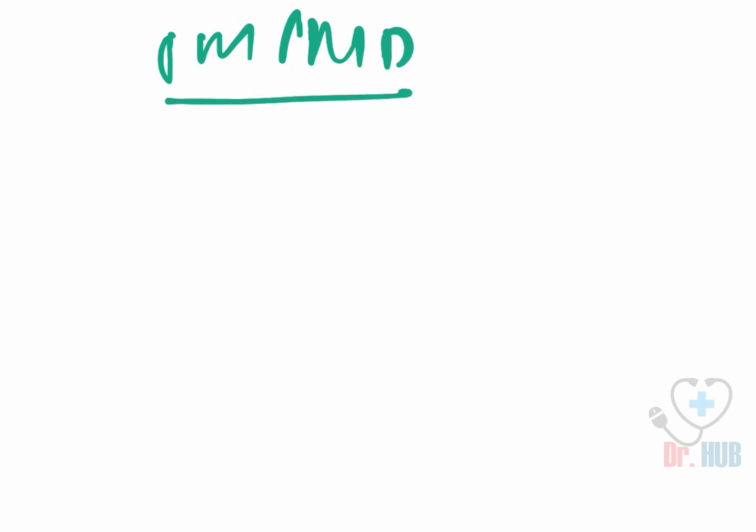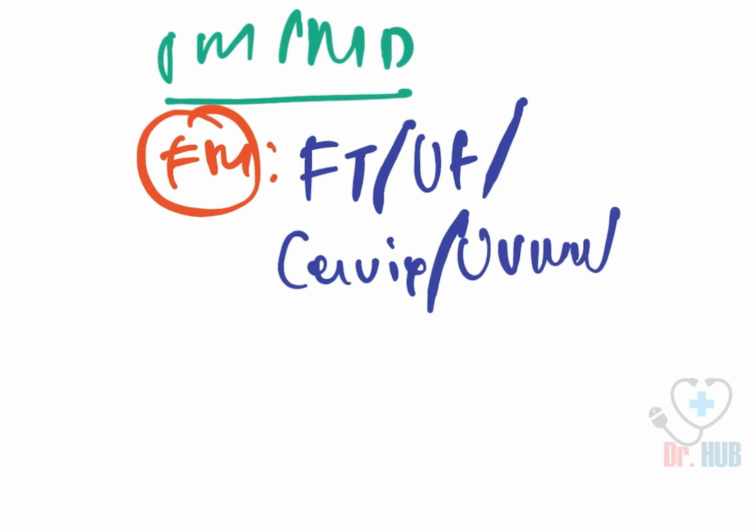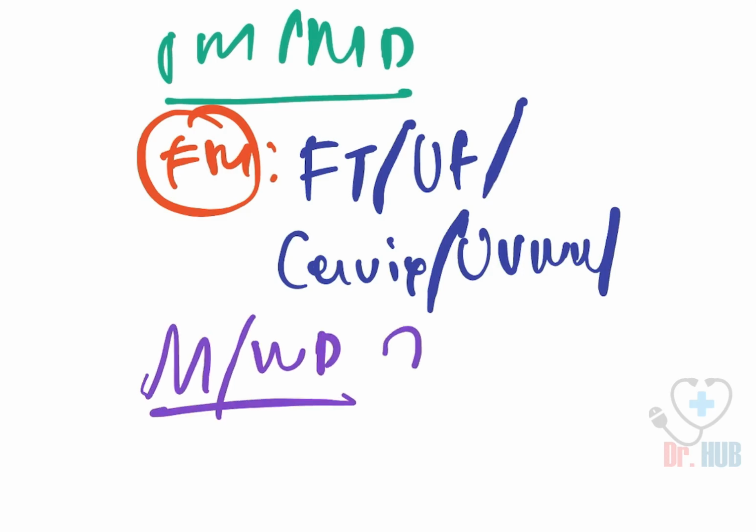Next question was in case of the paramesonephric Müllerian duct, what are the derivatives in case of the females? So in females, it involves the fallopian tube, the uterus, the cervix, as well as the upper vaginal wall. Now, the next was in case of the mesonephric and the Wolffian duct, what are the derivatives in case of the females?